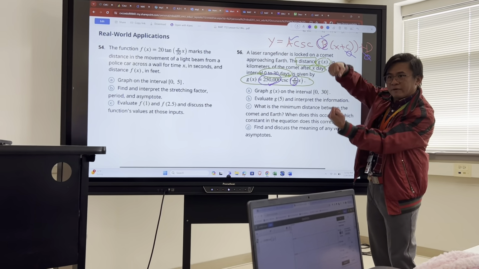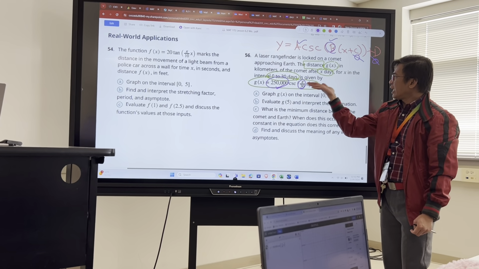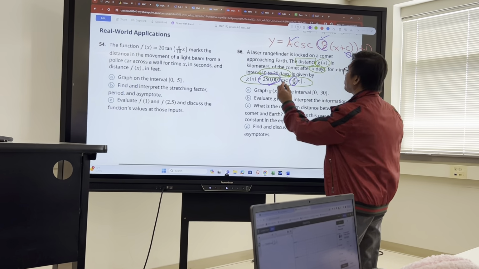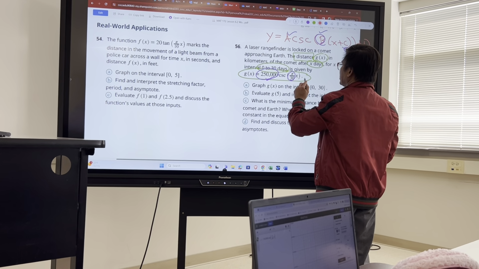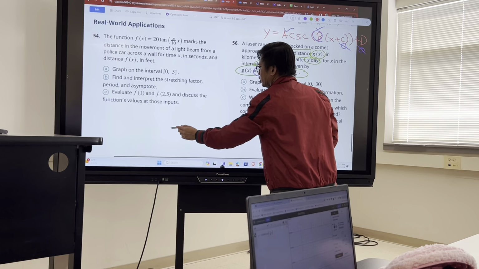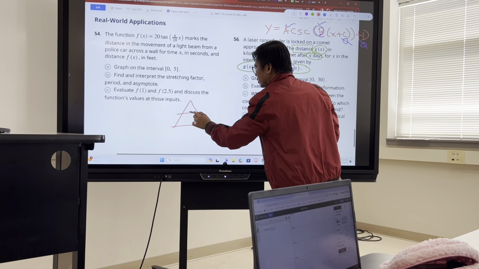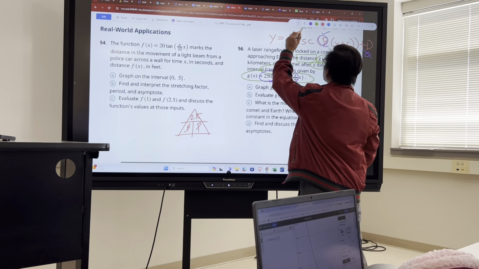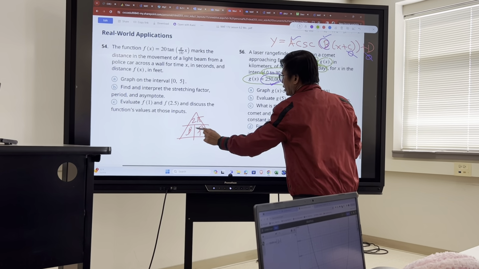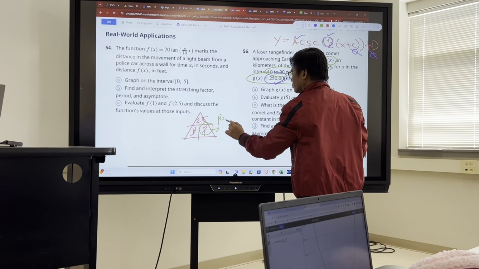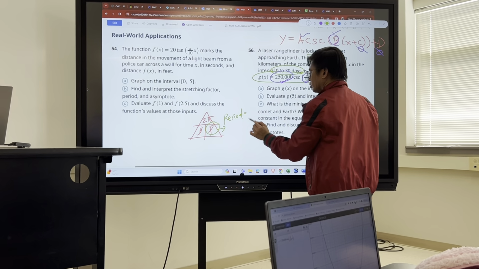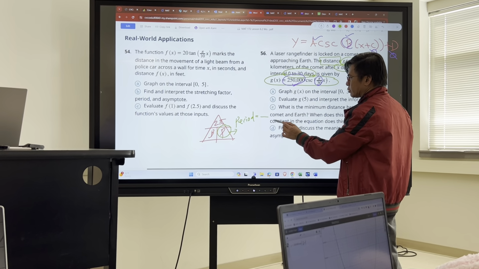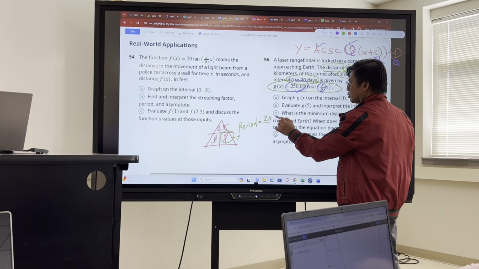But there's a vertical stretch and there's a period. First of all, how do we get the period for such? What do you do with that B to get the period? We're going to use 2 pi over B. Paula, you divide 2 pi by pi over 30.